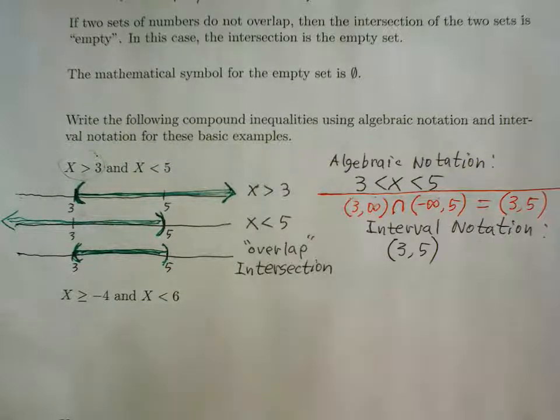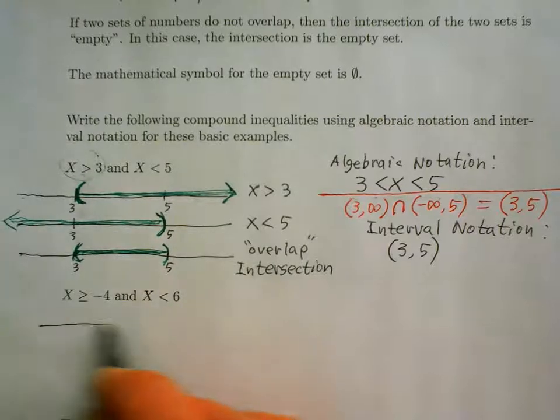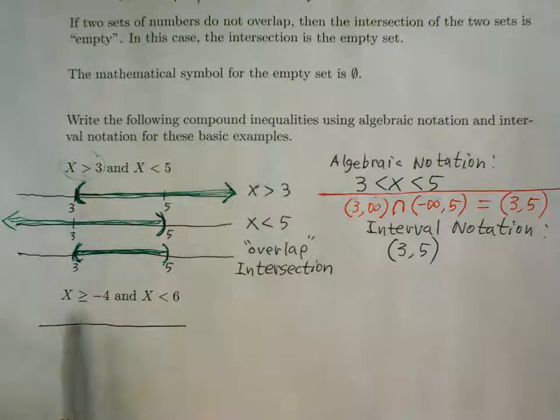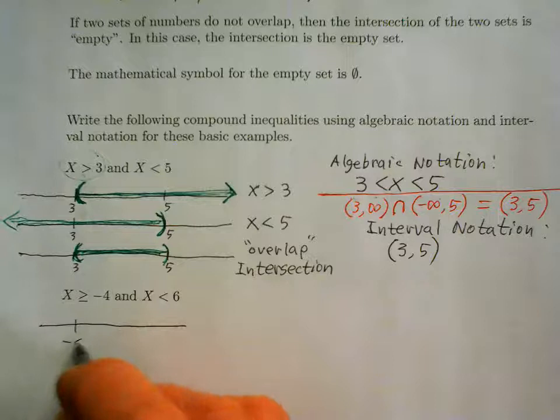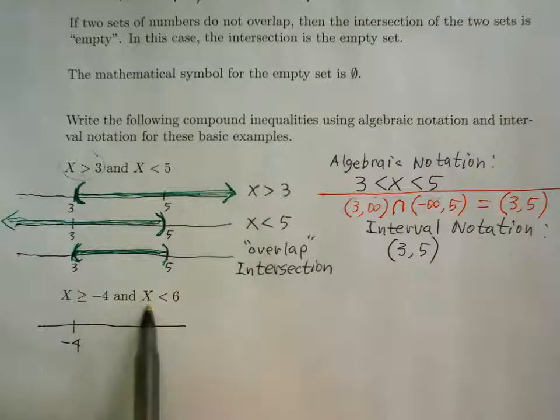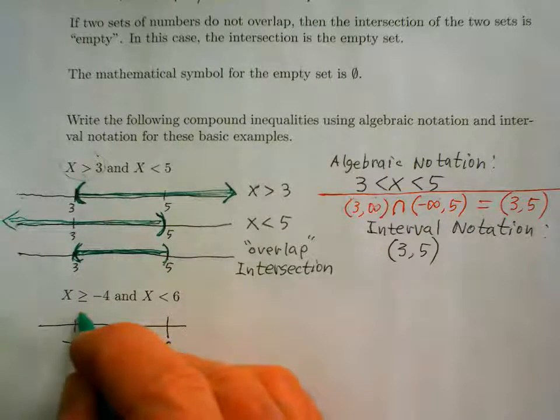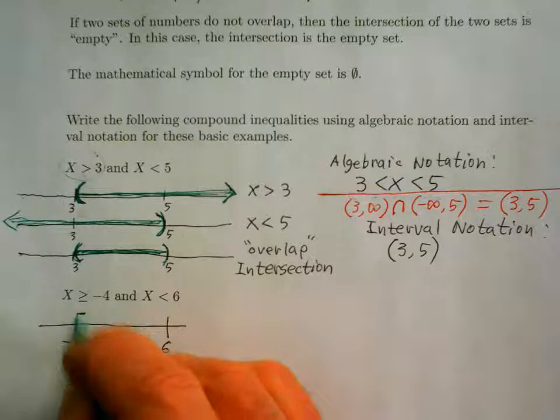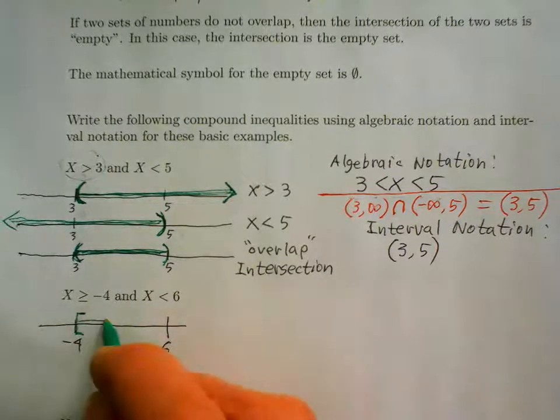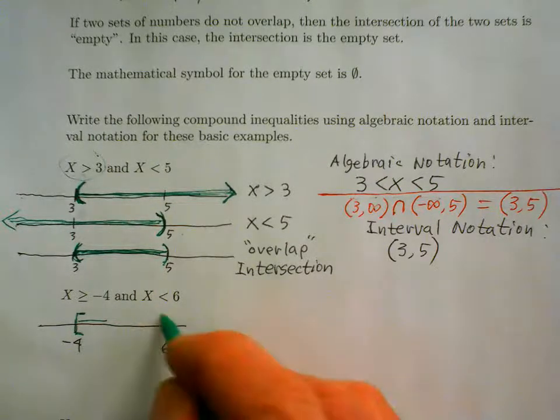Or you can just think about what we're looking at here. X is greater than or equal to -4, and x is less than 6. So we can graph this all at once. X is greater than or equal to -4, and x is less than 6.